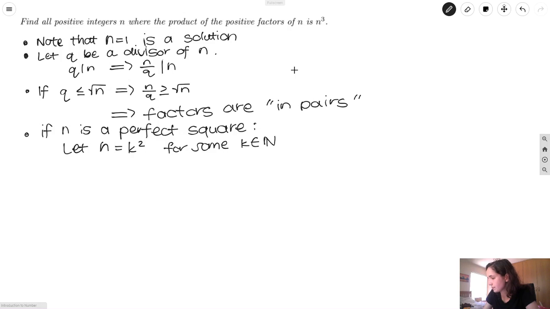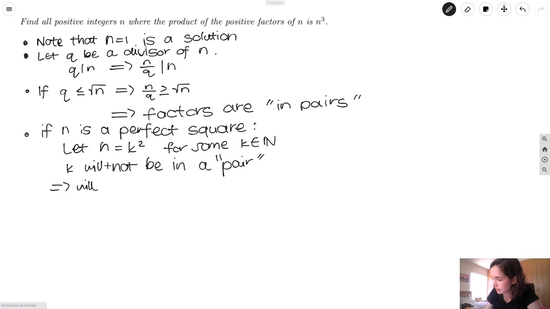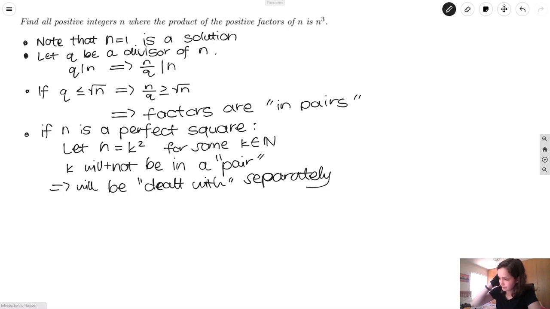Then this means that k will not be in a pair, so it will be dealt with separately. Now we're going to look at what the product of the pairs will be.